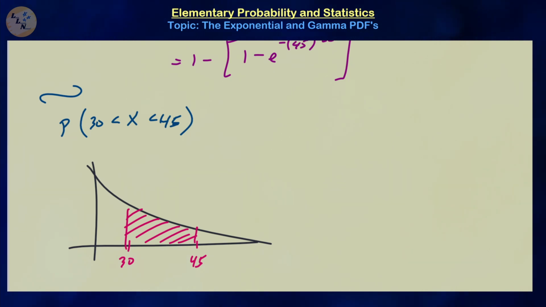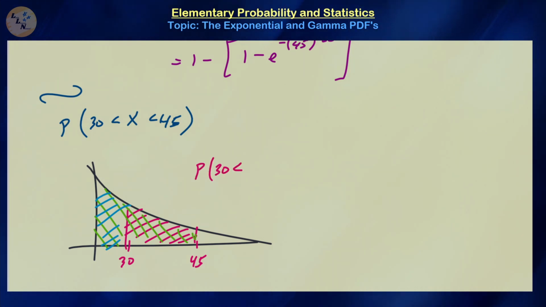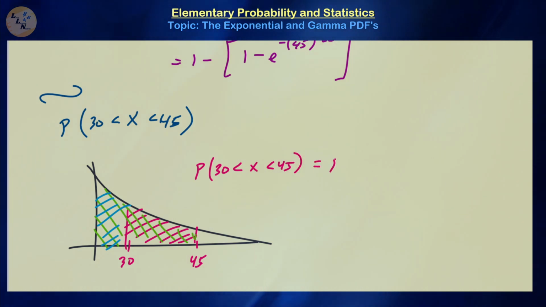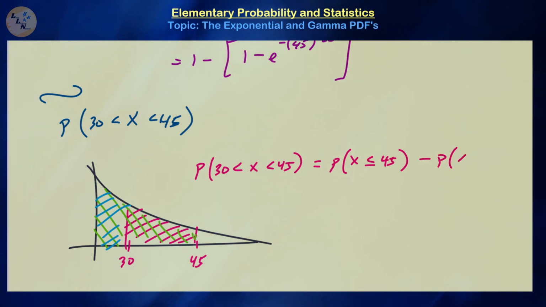So notice if I were to look at the area all the way up to 45, and also look at this little baby area from 0 to 30, we can actually see a very nice picture here, right? So the probability that 30 is less than x is less than 45 is actually equal to the probability that x is less than or equal to 45 minus the probability that x is less than or equal to 30.